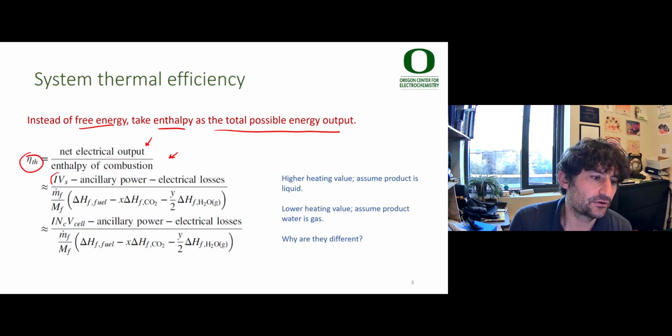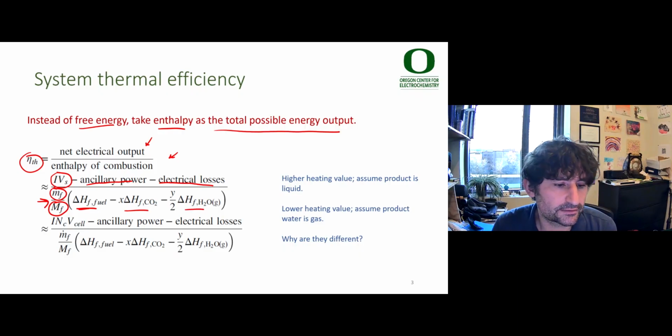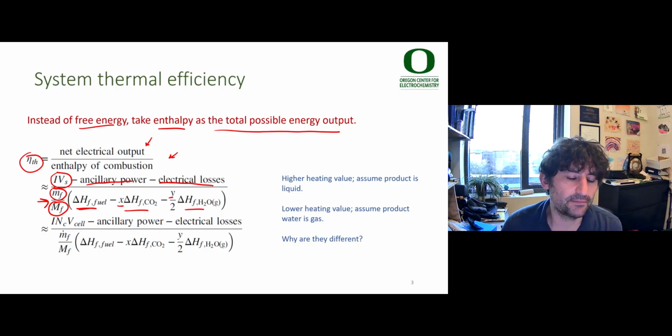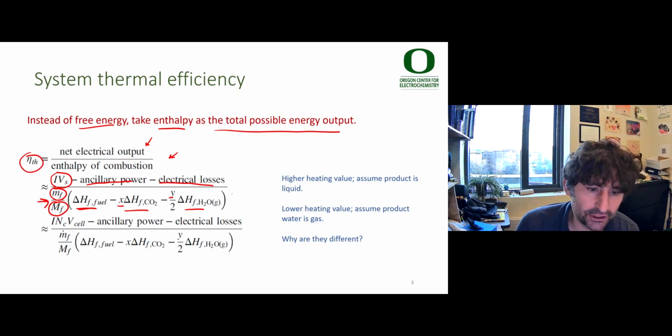That again is the total current times the total cell voltage minus any losses or ancillary power usage in the fuel cell stack. The enthalpy of combustion is just again the mass flow rate divided by the molar mass of the fuel minus the CO2 and H2O products, where X and Y are the stoichiometric coefficients in the balanced chemical equation describing the combustion of the fuel.